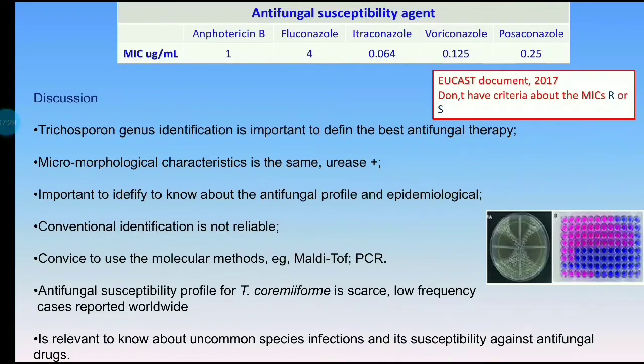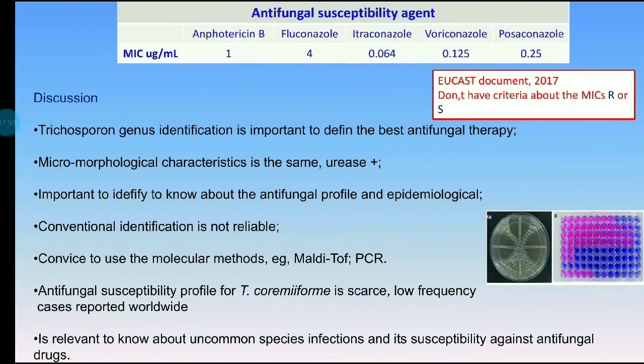To summarize the discussion: Trichosporon species identification is important to define the best antifungal therapy. Micromorphological characteristics are the same, for example, urease positive, presence of arthroconidia and either hyphae on microscopy. It is impossible to identify the species from these characteristics.